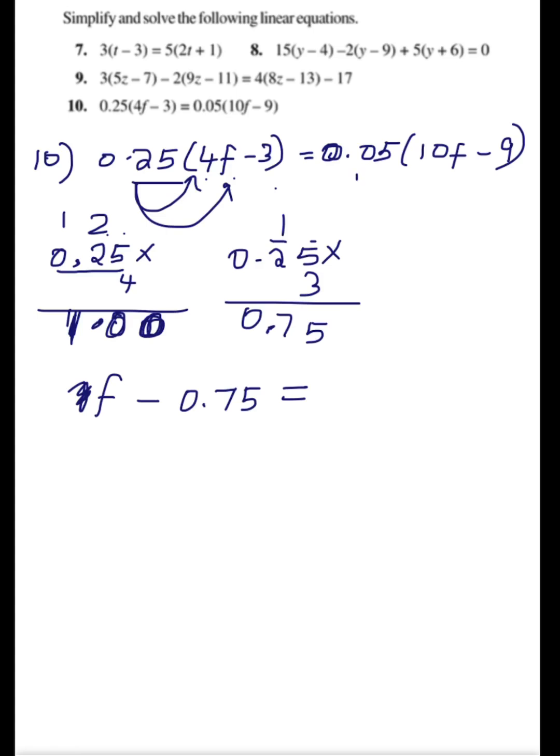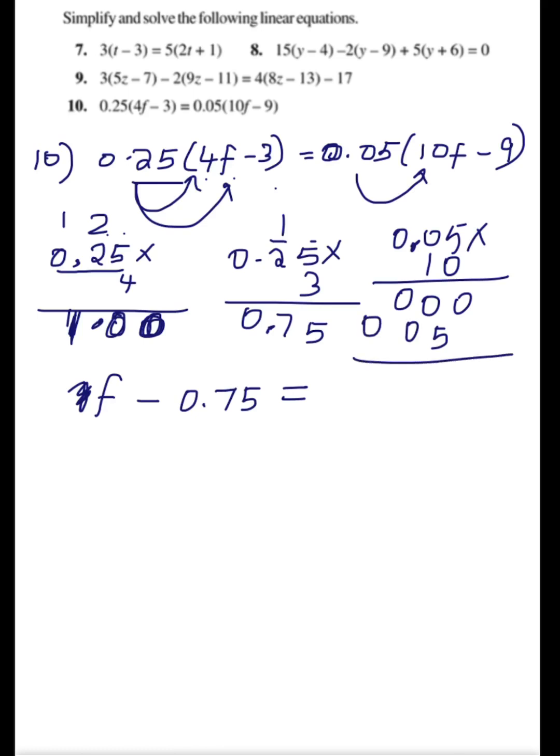Now in the right hand side you can see 0.05 into 10. So let's do it: 0, 0, 0, 5, 0, 0. Now here also, after the decimal point, how many numbers are there? Two numbers.